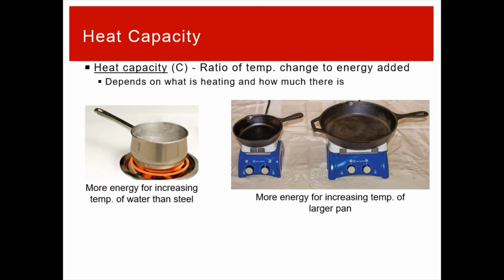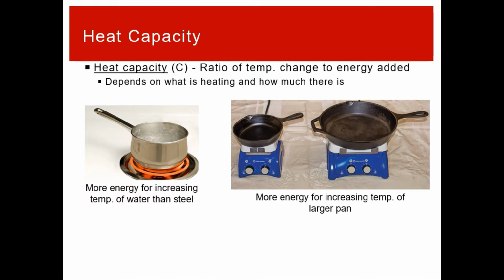So when we're talking about moving heat and quantifying heat amounts, we know that the amount of energy required to raise the temperature of an object is going to depend on what we're looking at. Heat capacity, which is a capital C, is the ratio of heat added to temperature change.